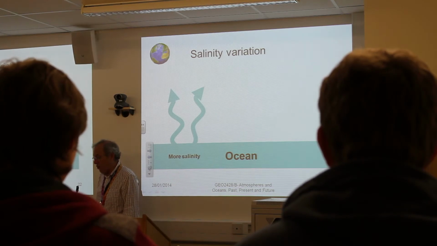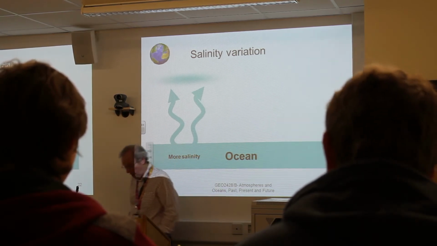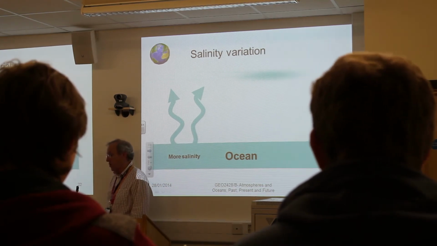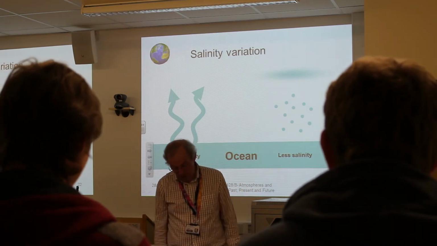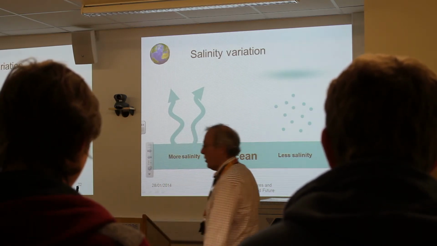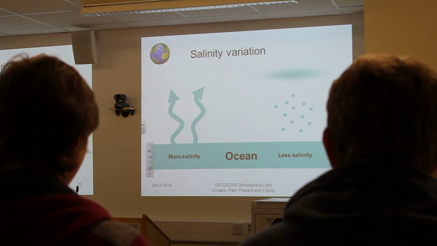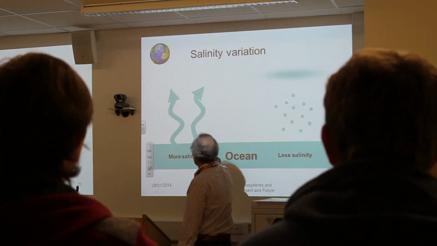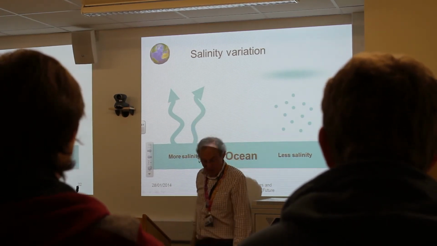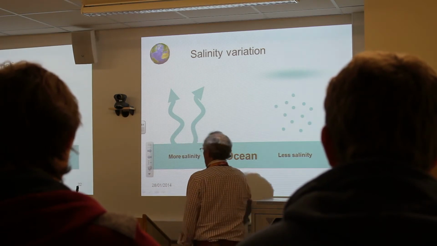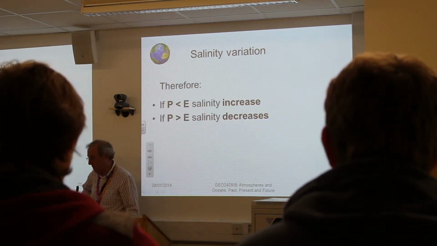So salinity variation, more salinity as evaporation takes place, obviously, and low salinity where you get more condensation and more precipitation. So we also not just have the source material, but we also have the categorization that if you've got general evaporation taking place, especially in the warm areas, you will get greater salinity in the surface water.